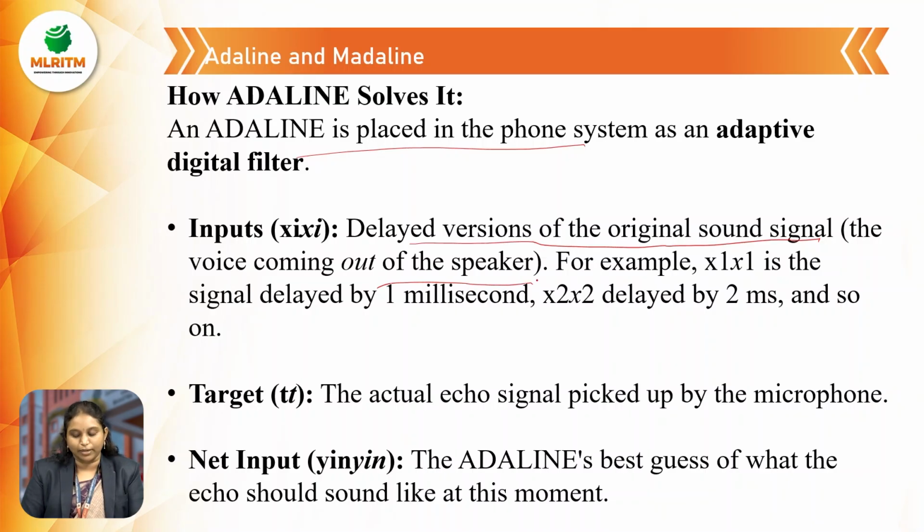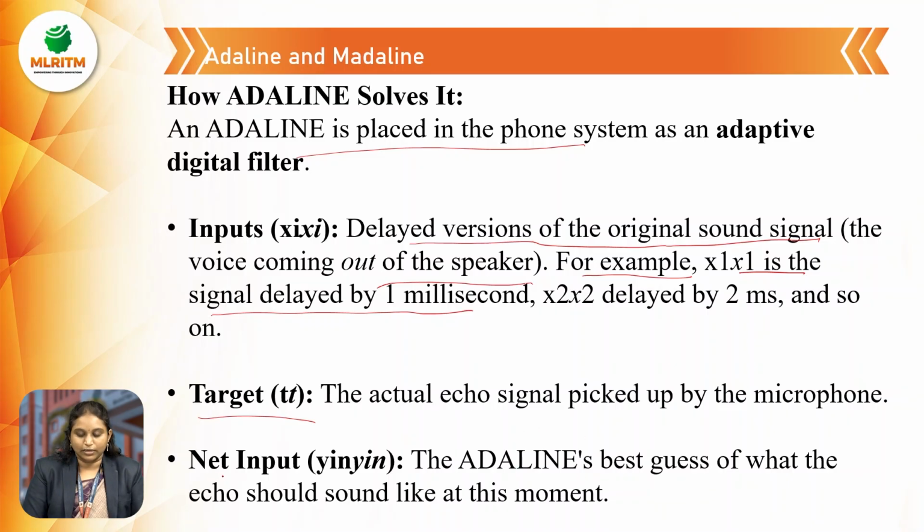For example, X1 is the signal delayed by 1 millisecond, X2 is delayed by 2 milliseconds, and so on. The target T is the actual echo signal picked up by the microphone.